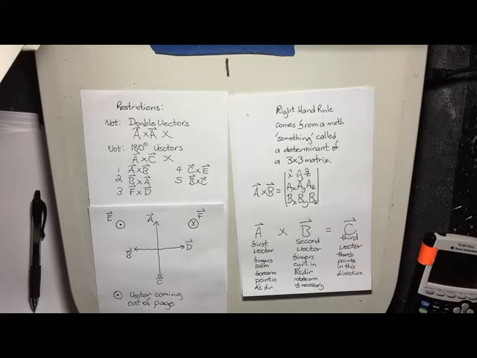E is out of the page. Thumb points that way. We're looking at B. And then for the last one, B cross C. B is this way. C is that way. Thumb is out. B cross C is E. And so that's how you do it.